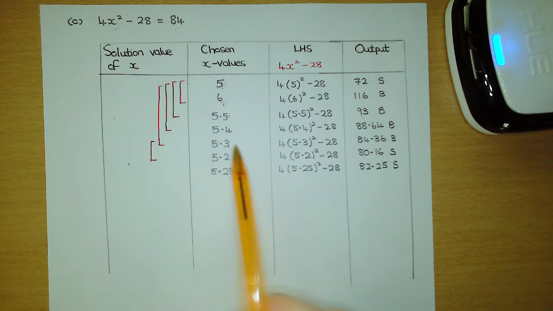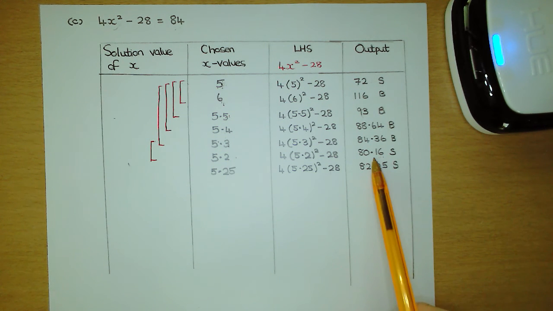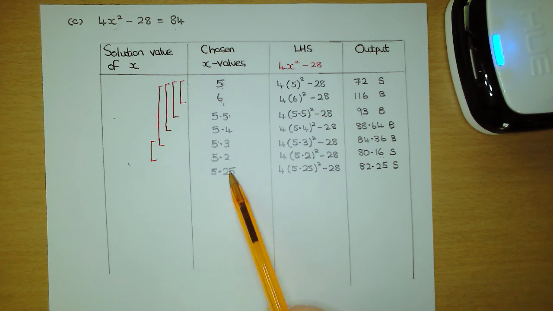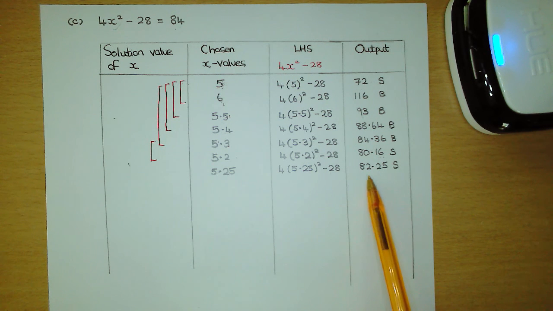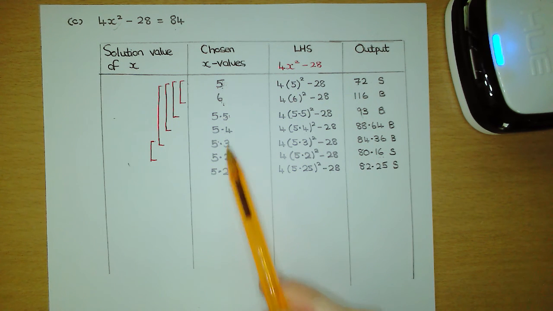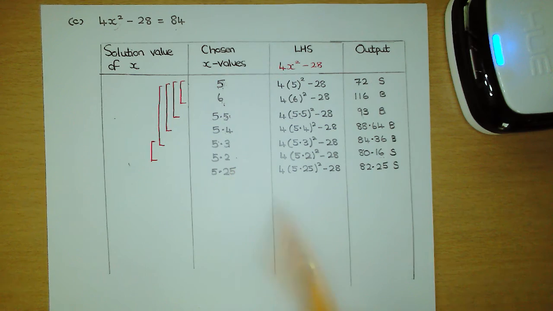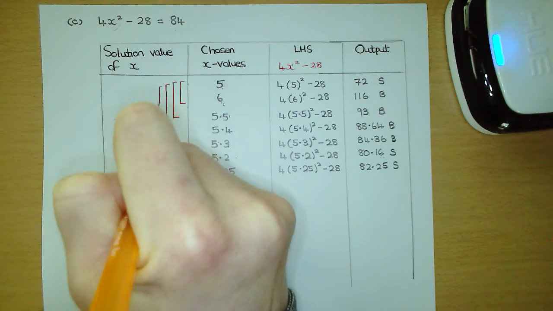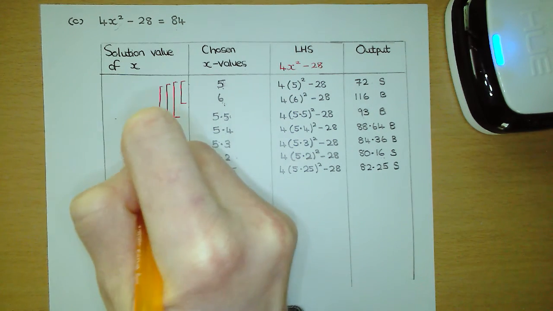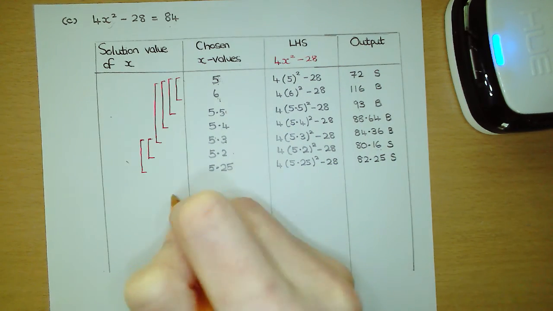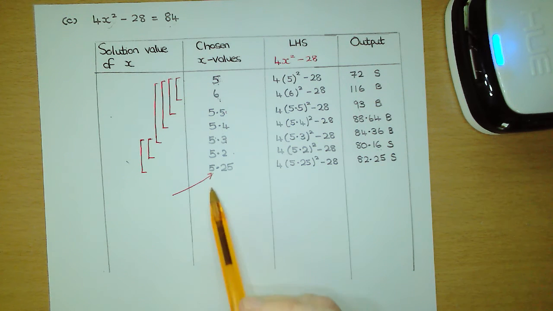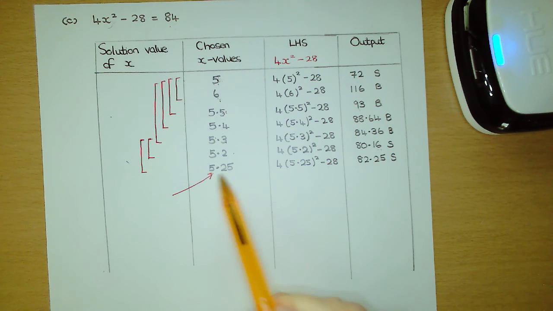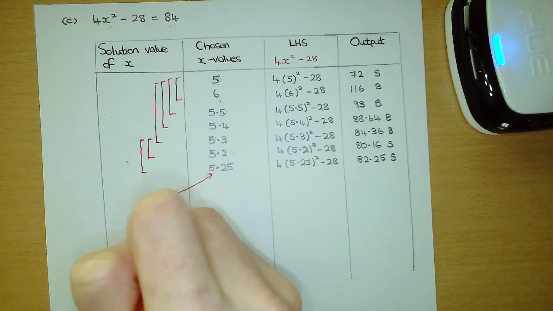So the gap was between 5.3 and 5.2. When we chucked in 5.2, the output was smaller, but now when we chuck in 5.25, the output is smaller. So the gap has shrunk again. It's now between 5.3 and 5.25. So we now stop because we have an x value with 2 decimal places.